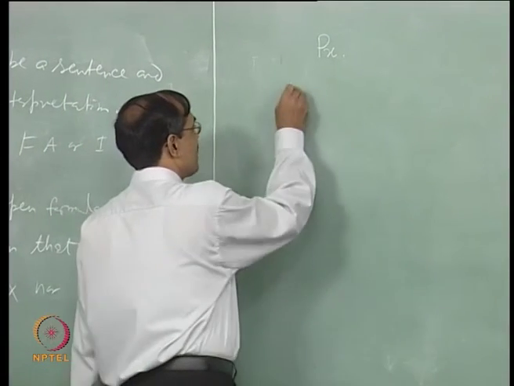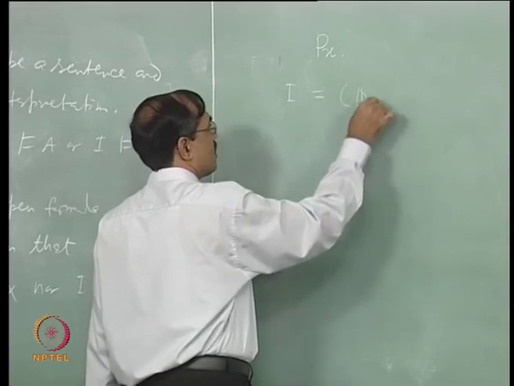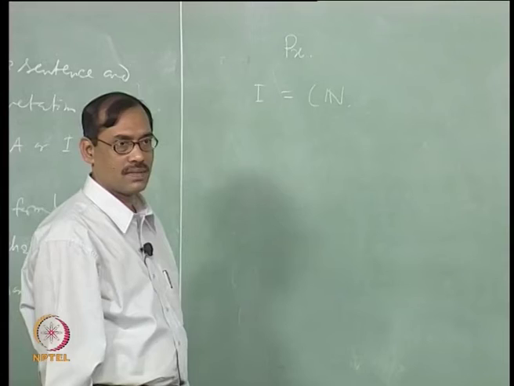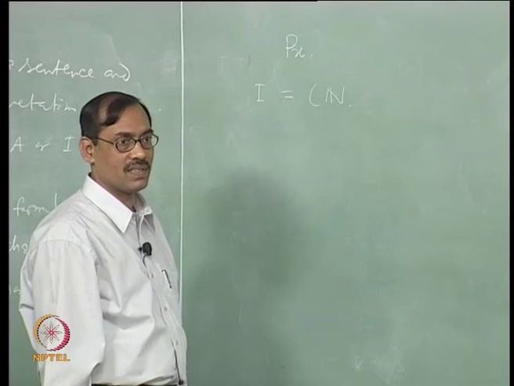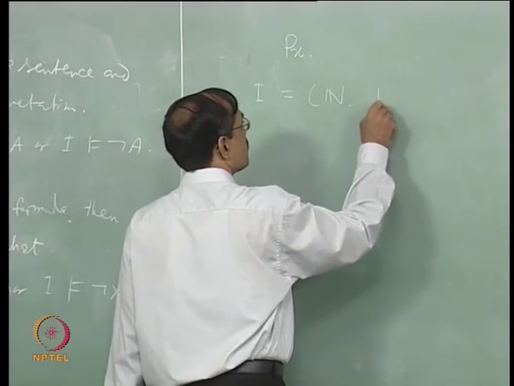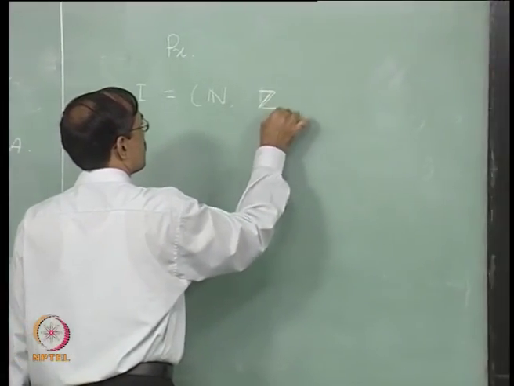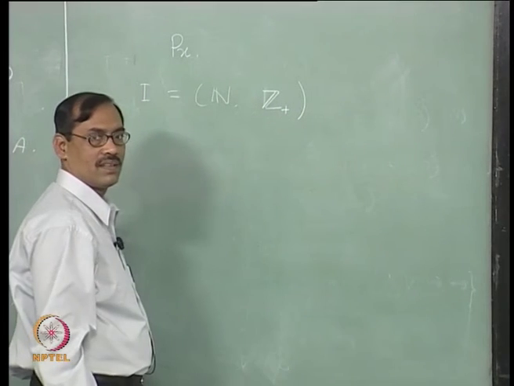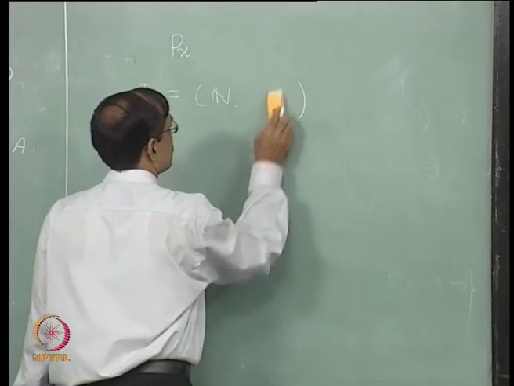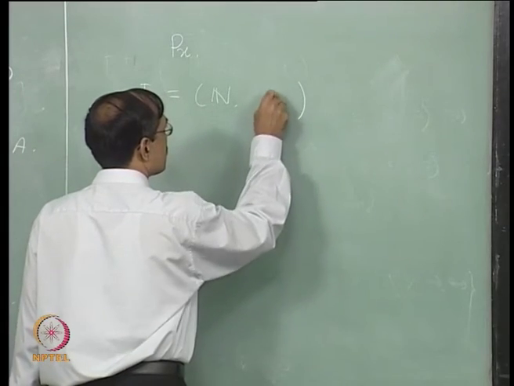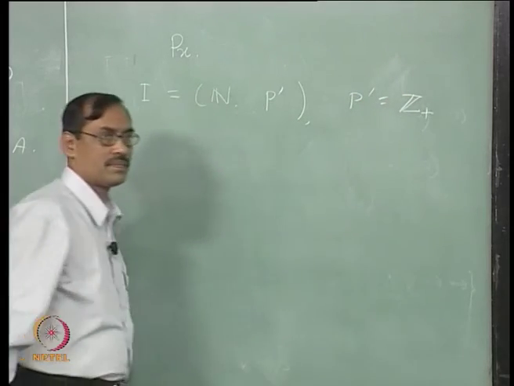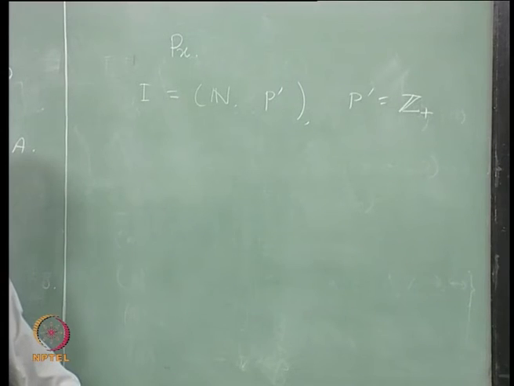So, let us take I equal to, you are thinking in natural numbers. Only 0 will be excluded if you take positive integers. Let us try. So, say P is Z plus. Well, it does not show exactly. So, let us write P prime, and P prime is Z plus, the set of all positive integers.